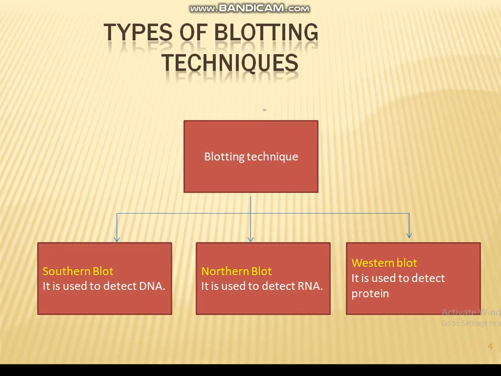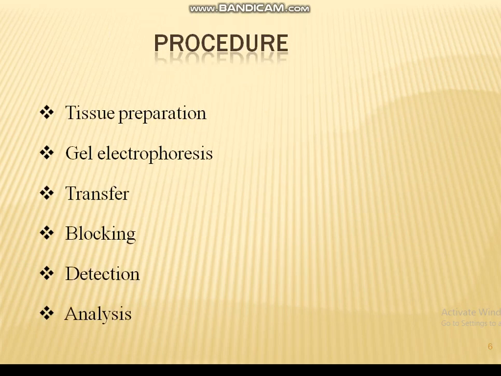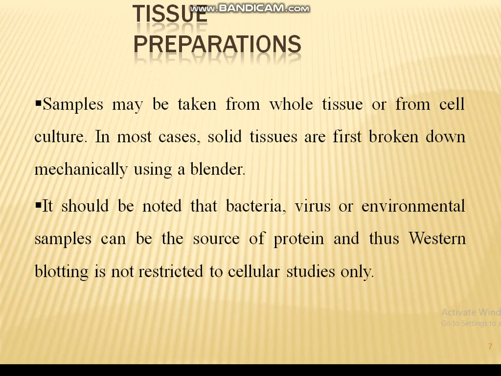Southern blot is used to detect DNA, Northern blot to detect RNA, and Western blot to detect proteins. Now talking about Western blot, it is a technique for detecting specific proteins separated by electrophoresis by use of labeled antibodies. Procedure: tissue preparation, gel electrophoresis, transfer, blocking, detection, and analysis.